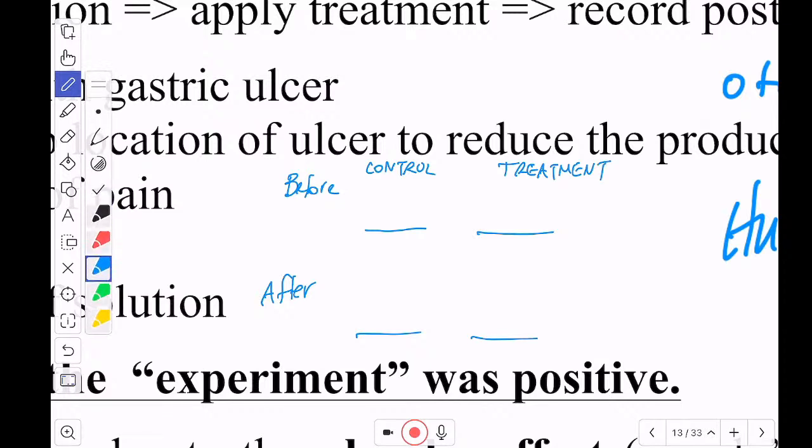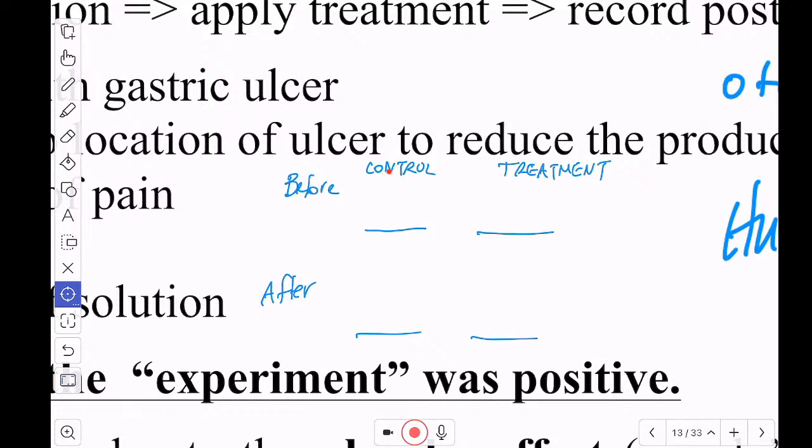So if you have two groups that are otherwise identical, it should be many individuals, so that the group in the control and the group in the treatment, on variables that could influence their self-report level of pain, which is the response, are otherwise identical.